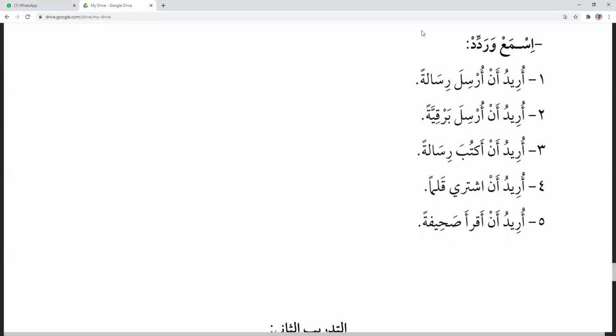I'm not necessarily sure what it means by telegram. I don't know. I just took it as telegram, fax, probably. Go ahead, inshallah.